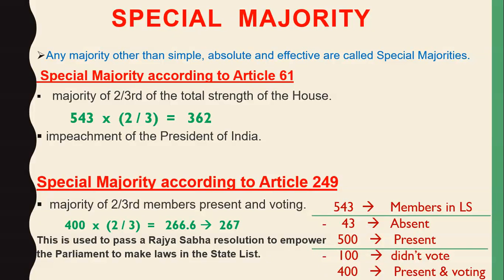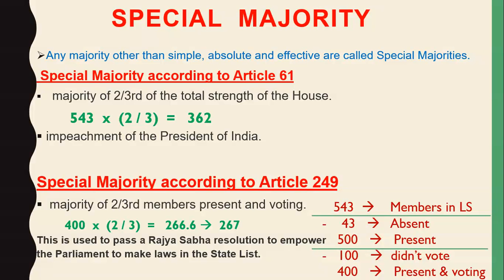Means when any bill is supported by at least 363 members. Why? Because 362 is 2/3 and we need more than 2/3. So when any bill is supported by at least 363 MPs or more, then that bill will be passed according to special majority.